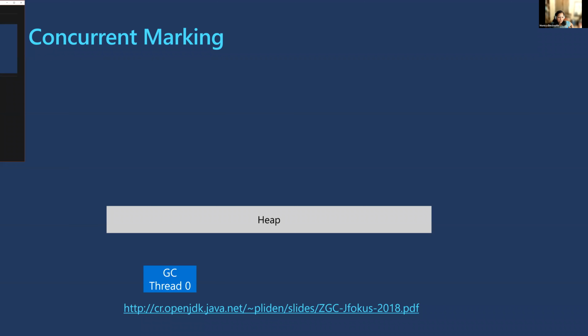So your entire heap, and it doesn't matter if it's gigabytes or terabytes, will be divided based on the number of GC threads that are available to do the concurrent marking. So if you have n GC threads, your entire heap will have these segments. It's called striping. And each of those stripes will be assigned to these GC threads.